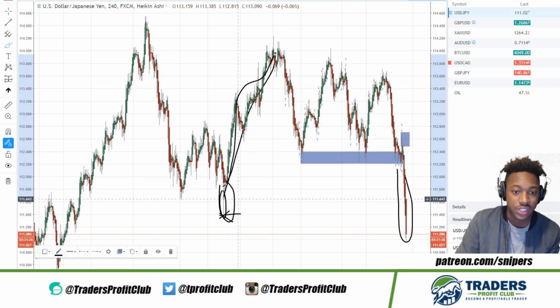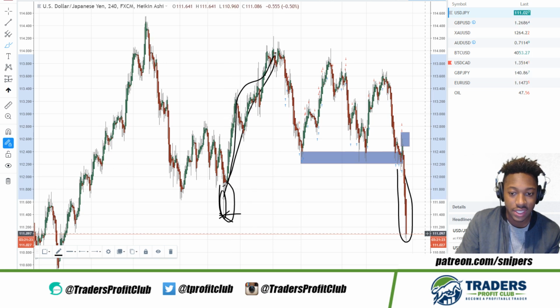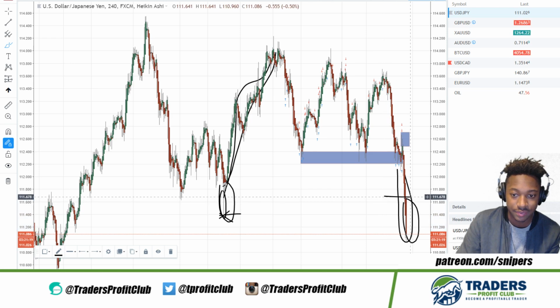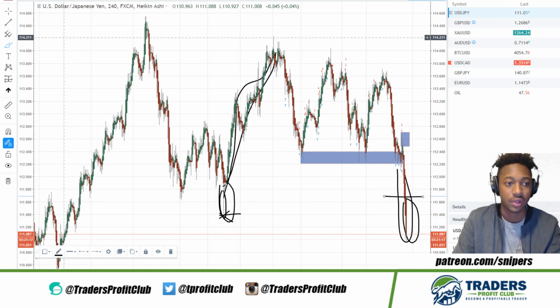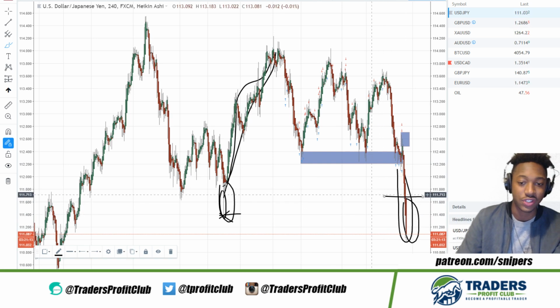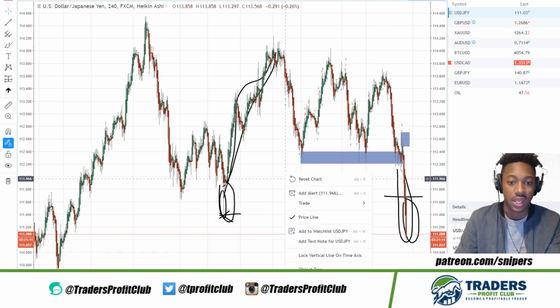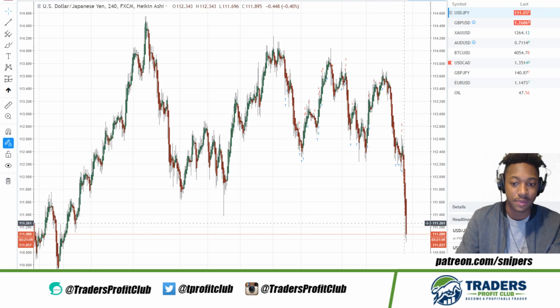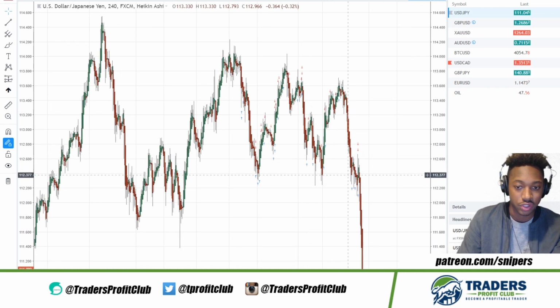Now that we saw that, we can look at price here, and these are full candles now, so we know that trend is sustainable. We have a sustainable reversal on price, and it's not actually going to retrace back to the upside, because now we know there's momentum.